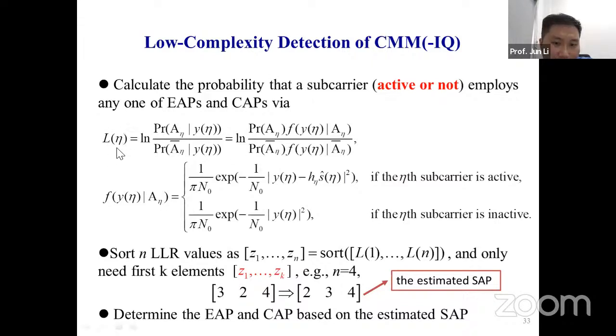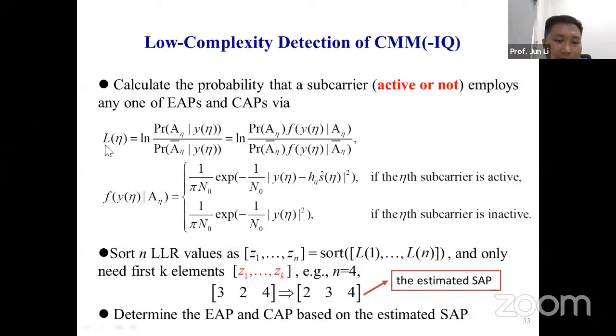This value is the probability of each subcarrier being active or not. In other words, if this value L is very large, that means this subcarrier is probably active, right?